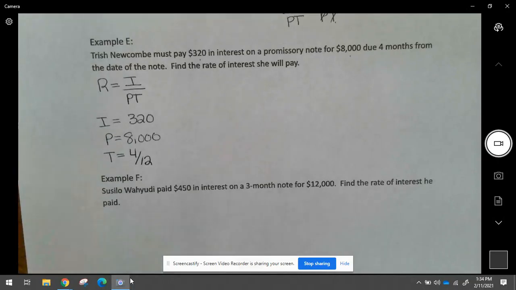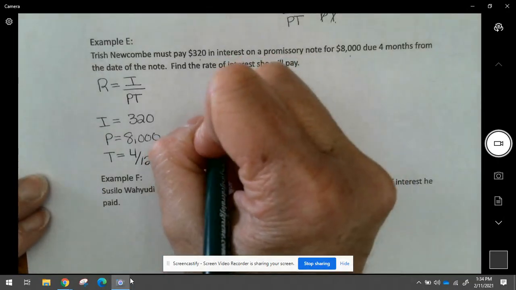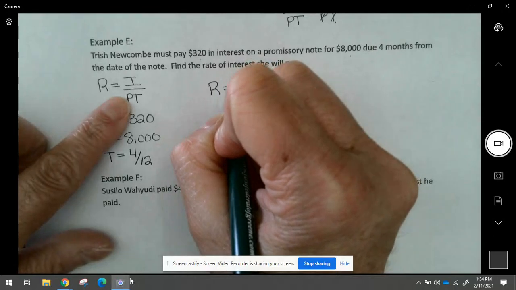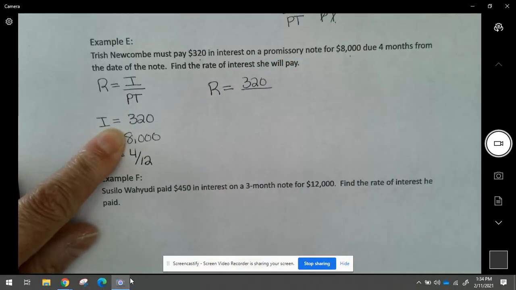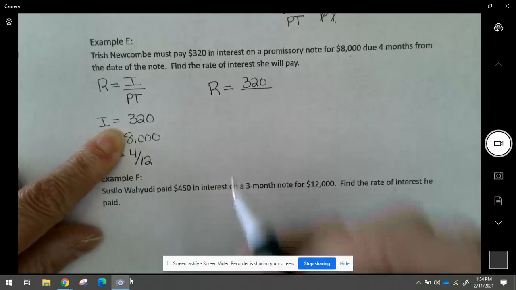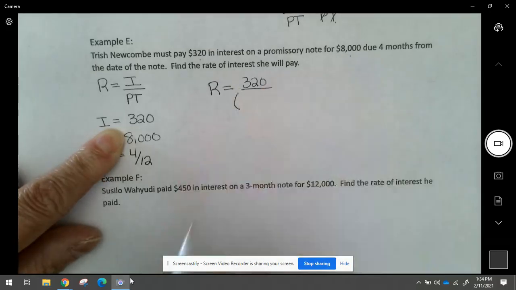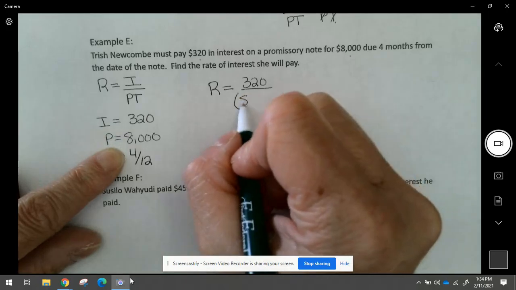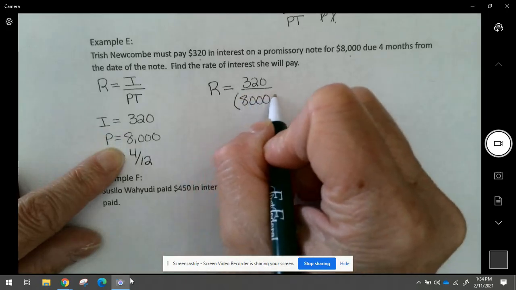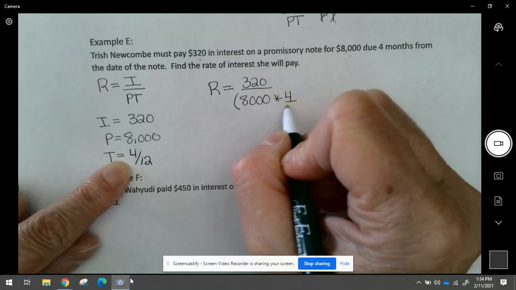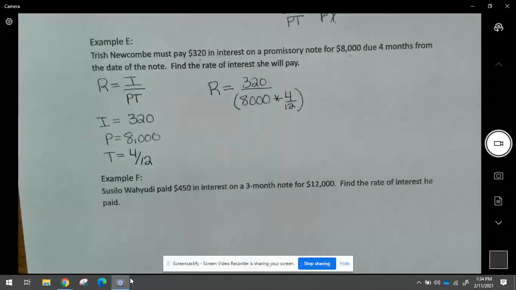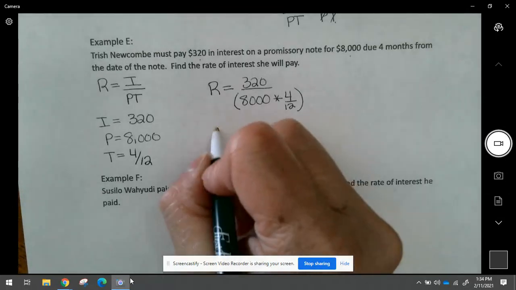Now we're simply going to set up our formula by substitution. Interest goes on top, 320. Now here's where it gets tricky. If you're using a calculator here, let's use parentheses. 8,000 times 4 over 12. I'm going to show you this in the calculator.